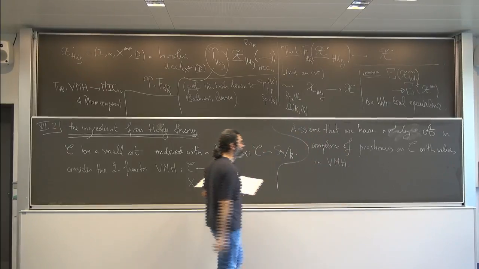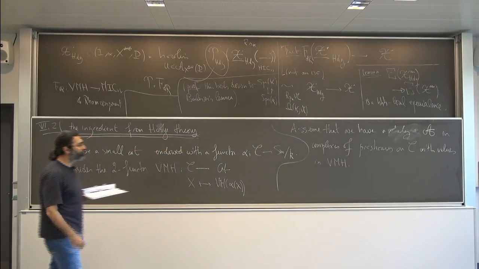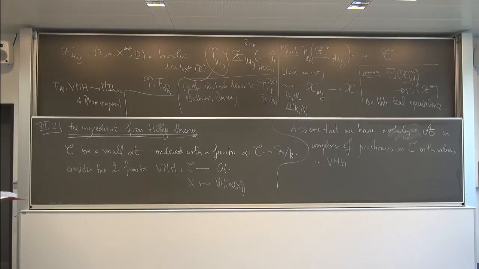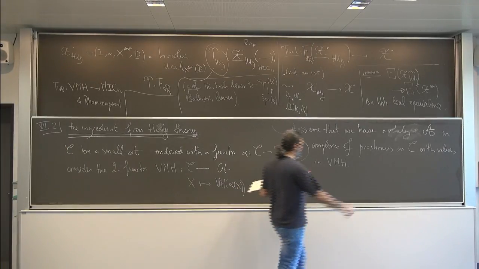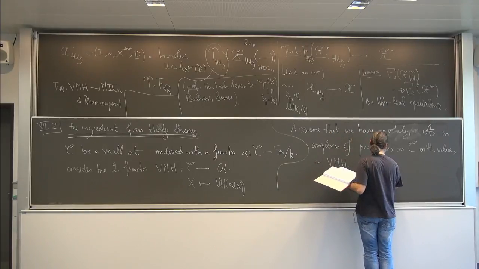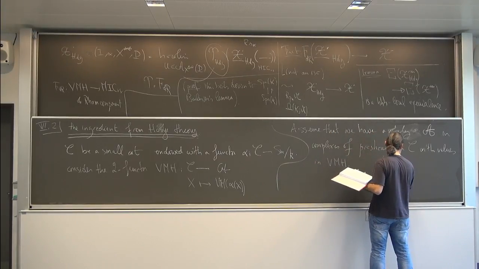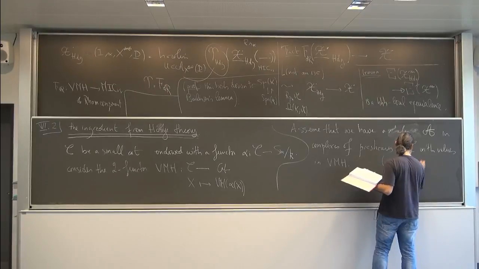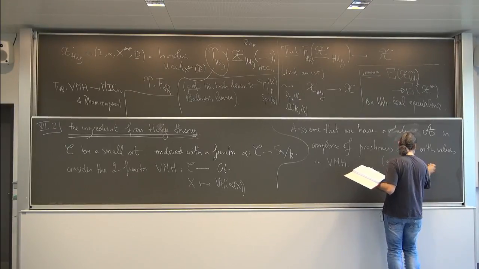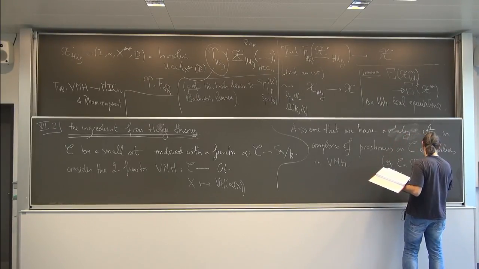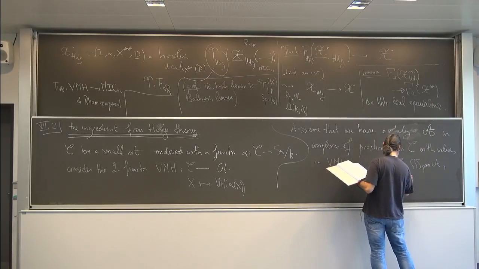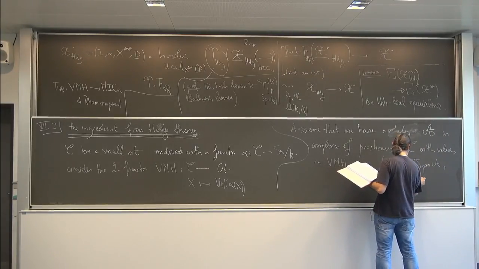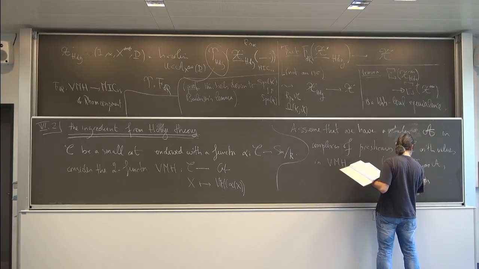Again, the A that I have in mind will be this X0 Hodge. So, example: C is this, and A is X Hodge.